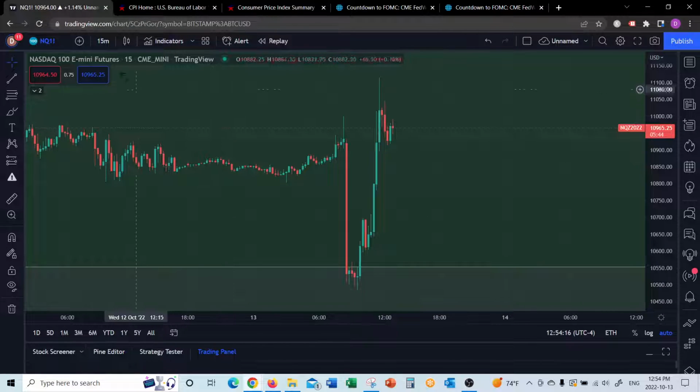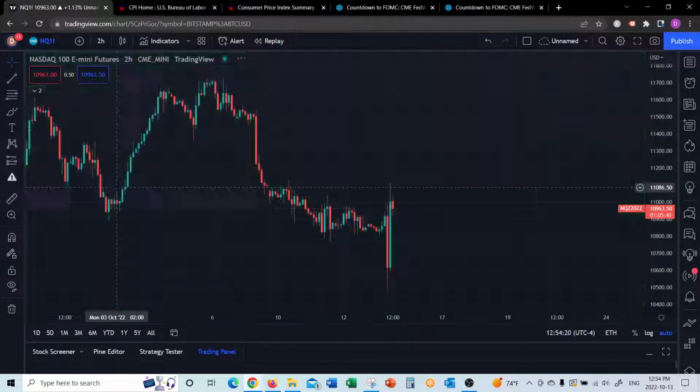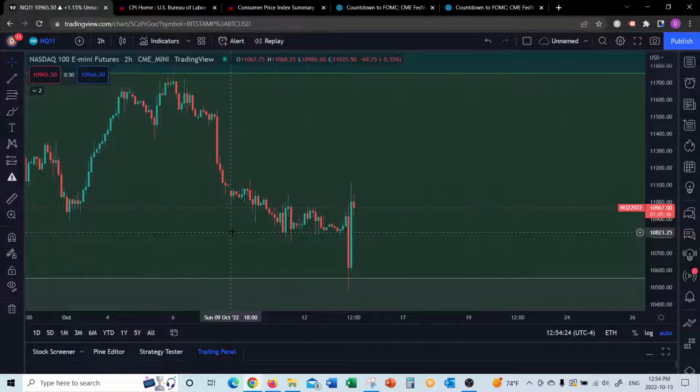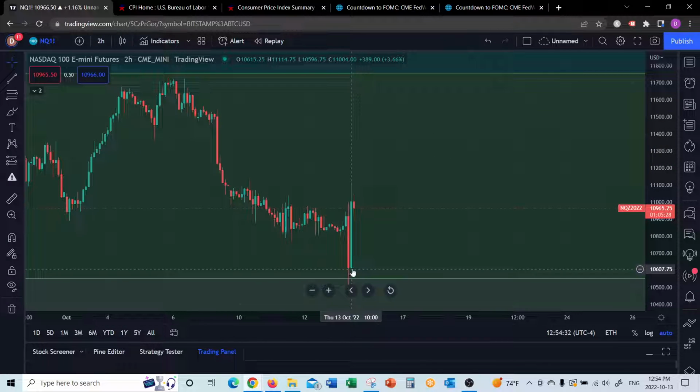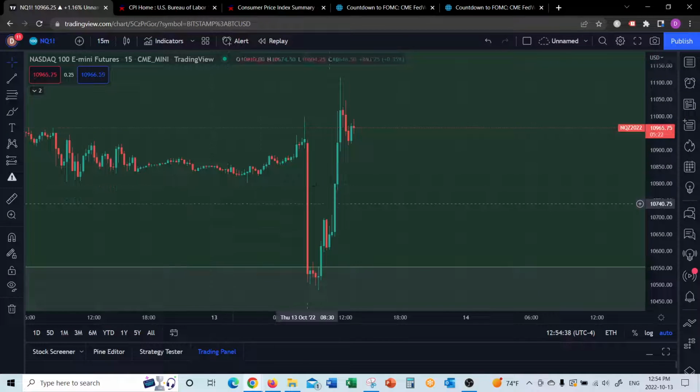Everyone is short and everyone is so negative, nobody wants to be long right now because inflation continues to move up. And since we've been selling off for days and days, you can expect a squeeze like we see here, which kicks out all the shorts and pushes them out of the market, right, from the squeeze.